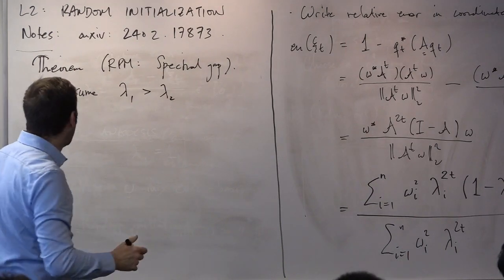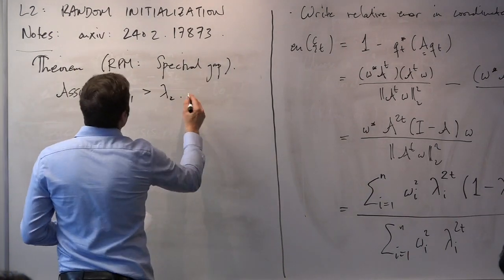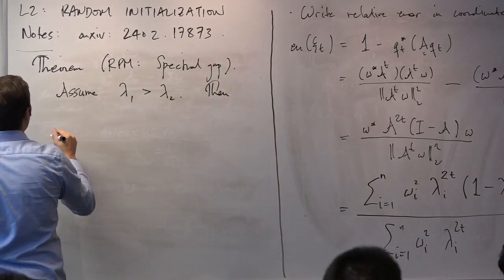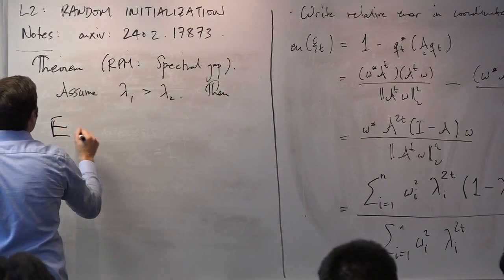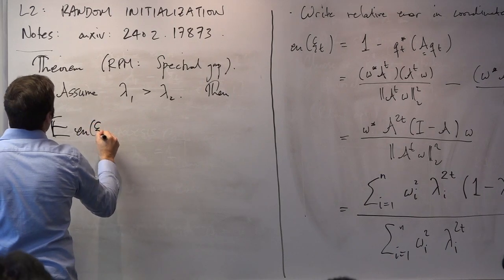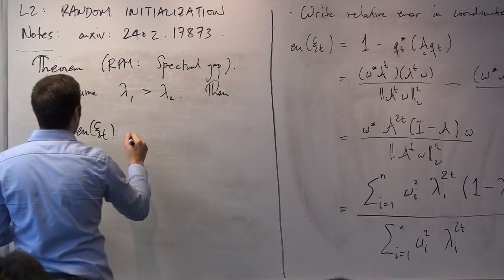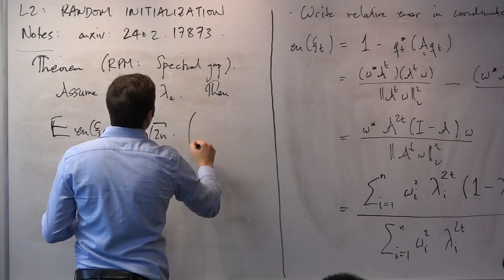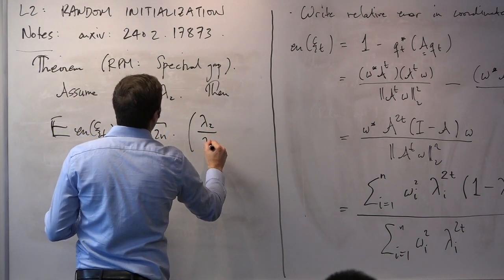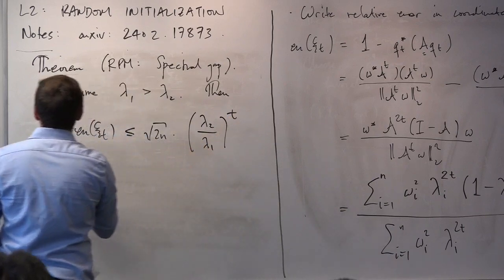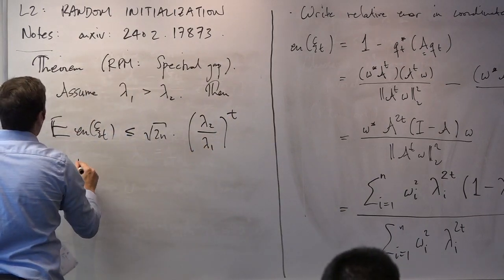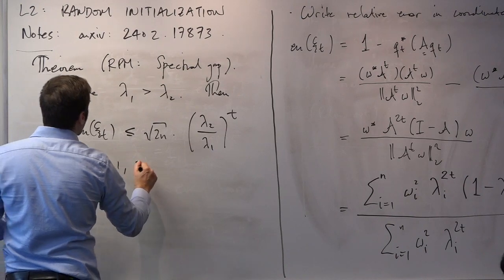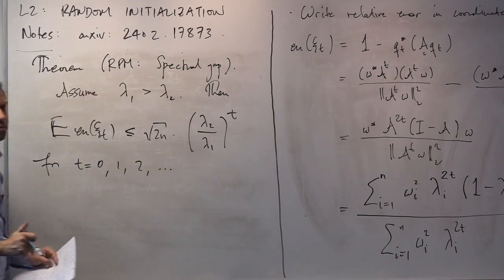And we're going to argue that in this case, the expected relative error in the eigenvalue estimate is at most the square root of 2n times (lambda 2 divided by lambda 1) to the t power. This is valid for t equals 0, 1, 2, and so forth.